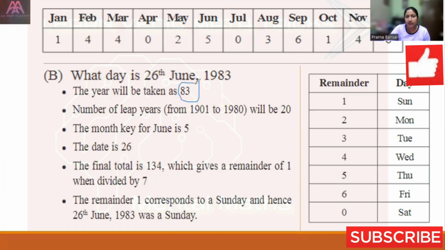This 83, this 20, month key is 5, and date is 26. Add all these. We will add. The final total is 134.